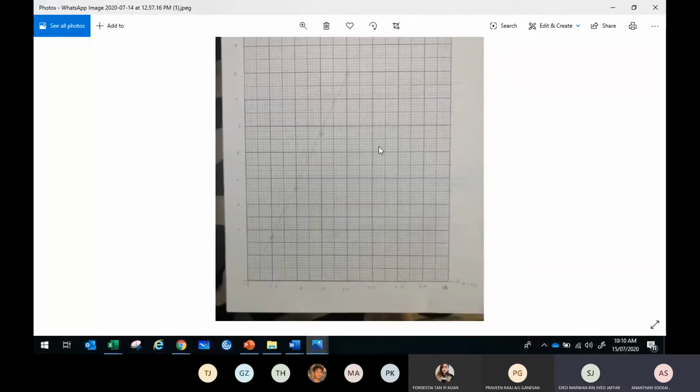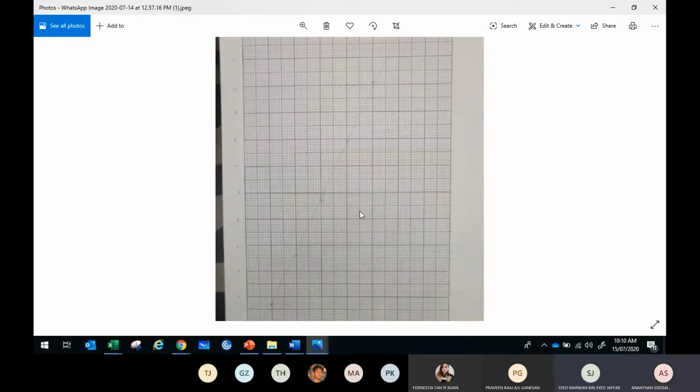Sir, if two dots are above, but that is because of the limit of proportionality, should we ignore it, or should we connect it also to the best fit?